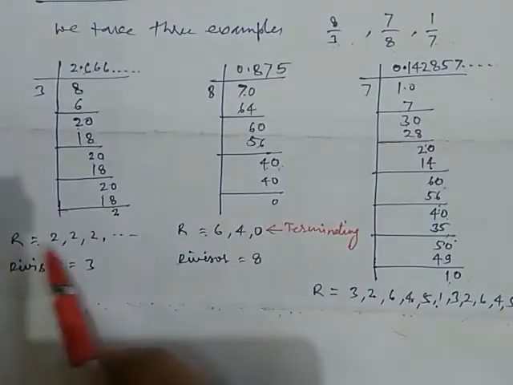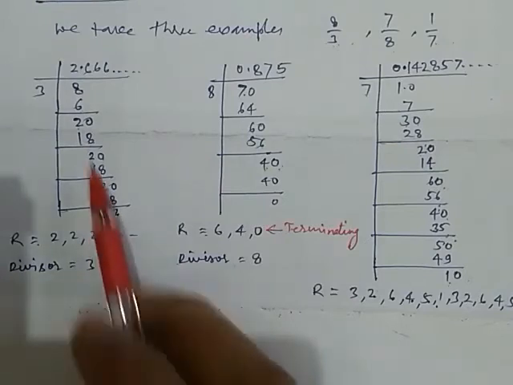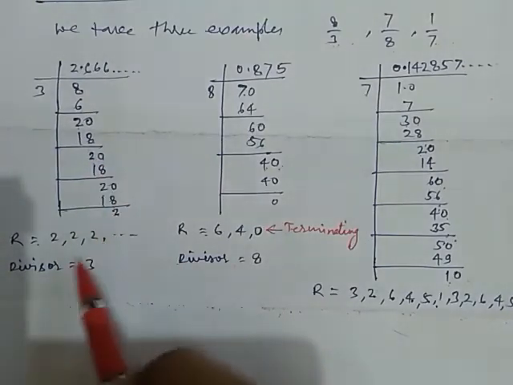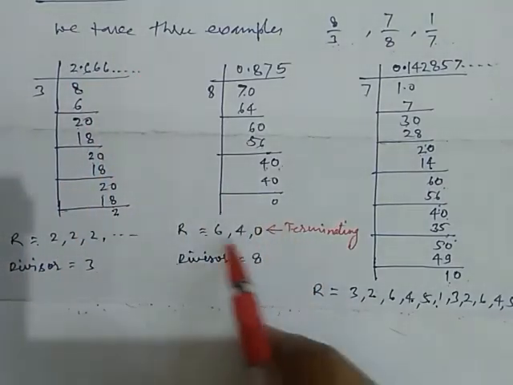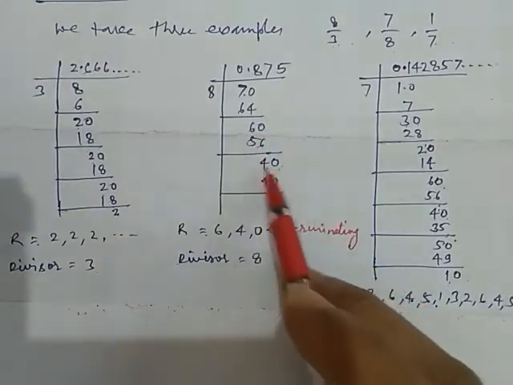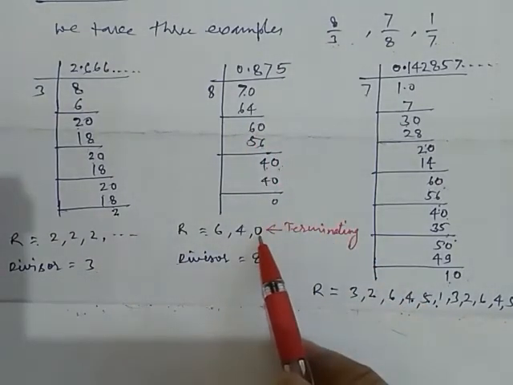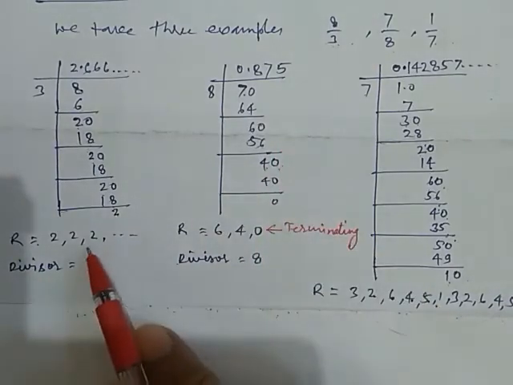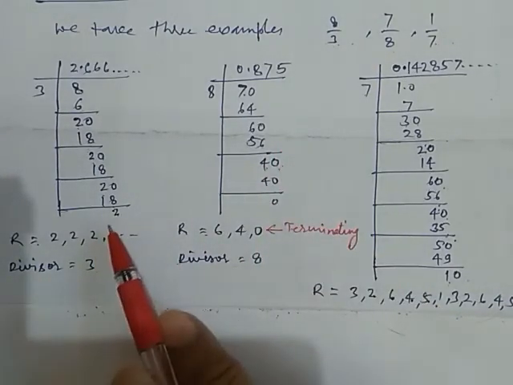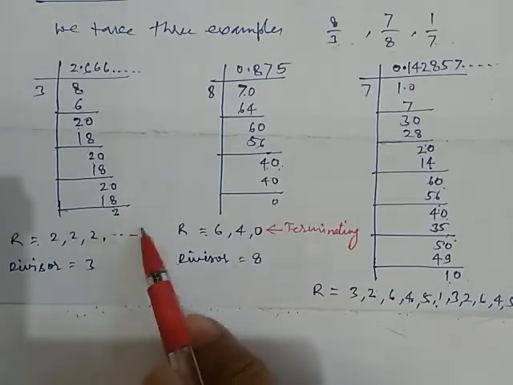Here the remainder is 2. Every time the remainder is 2, so the divisor is 3, so we get 2.66. Here the remainders are 6, 4 and 0. The 0 is telling us that this is terminating, but here the remainder is always 2, 2, 2, so this is not terminating.